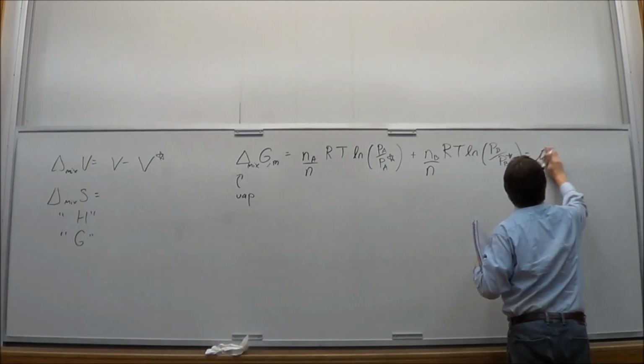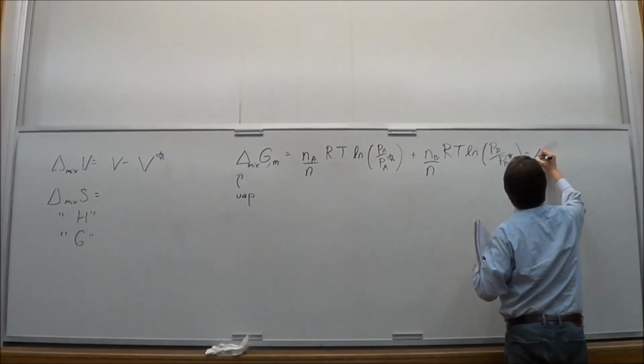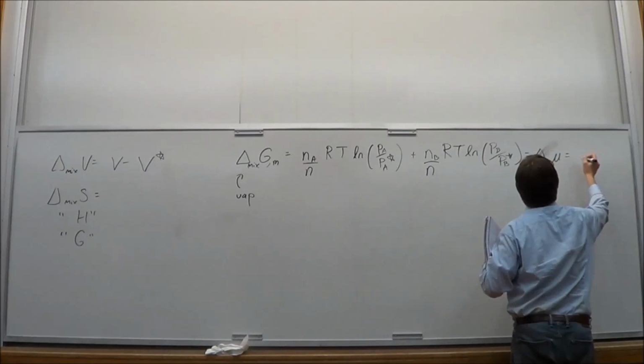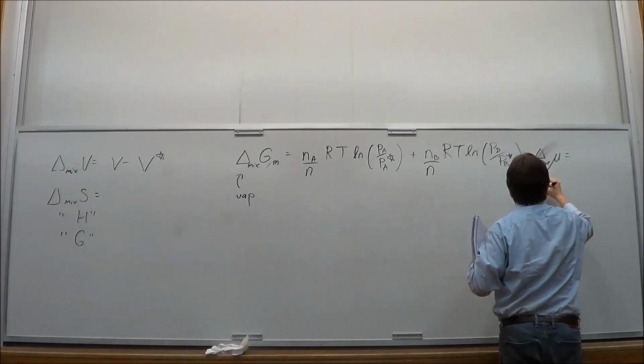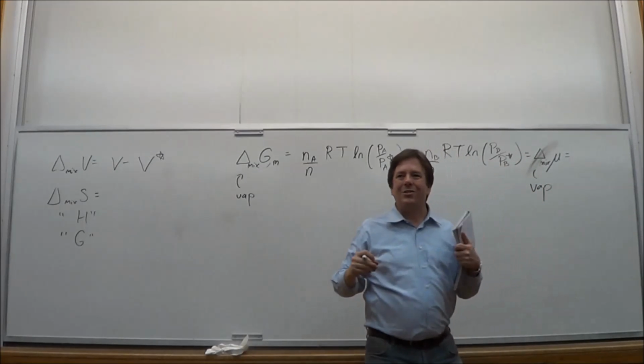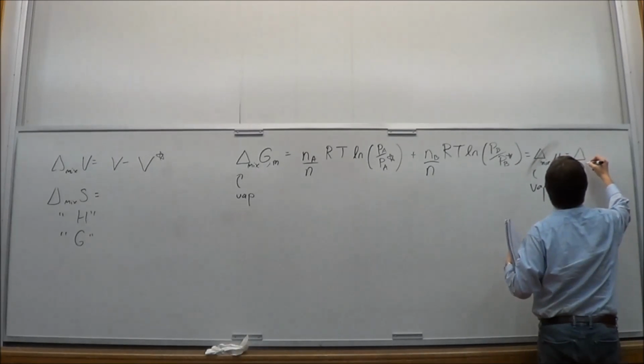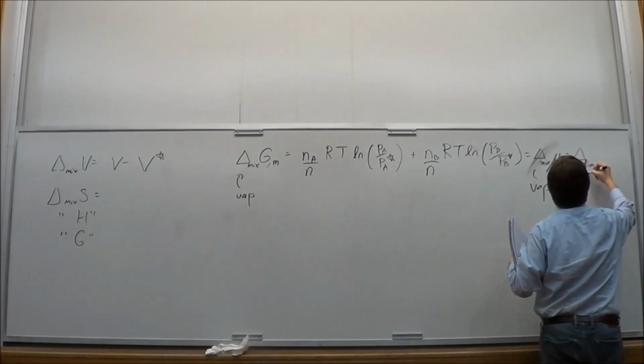And now this is the mixing change in chemical potential. Of course, this is still for the vapor, but chemical potentials at equilibrium. I'm defining this to be at equilibrium, which means that this is the change in chemical potentials of the liquid mix.